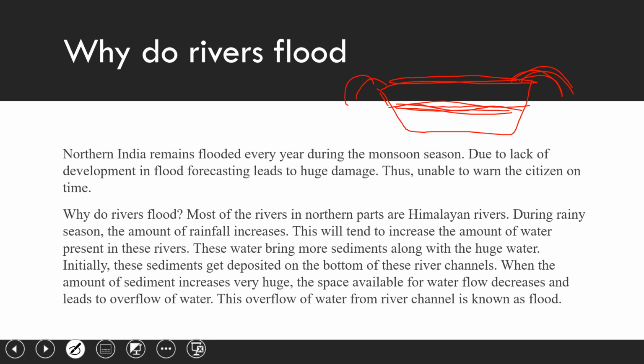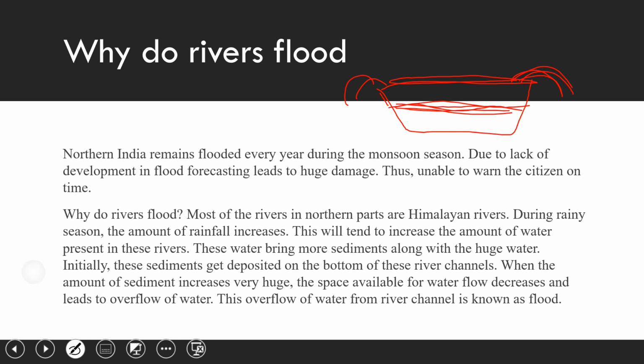Similarly, when the river crosses its banks and enters into human areas or other livelihood areas, we call it a situation of flood, and it will be covered with water. It happens due to the rising of the water level in the river as it crosses the banks of the river. So the question is, why do rivers get flooded?